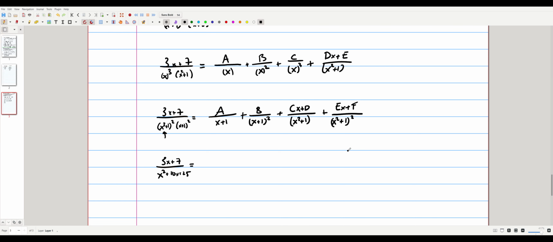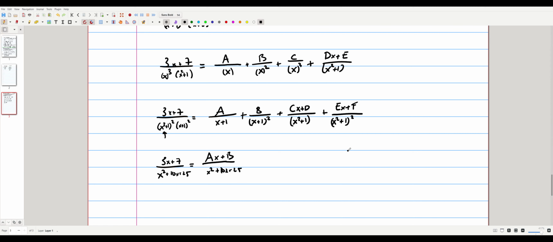Okay, and so let's look at this one. The first thing we have to make sure is whether it is a proper fraction. The degree of the top is 1, the degree of the bottom is 2, so it is proper. The second thing is to make sure it's factored. If you think this is factored, then our decomposition would have a numerator 1 degree less, so ax plus b over x squared plus 10x plus 25.